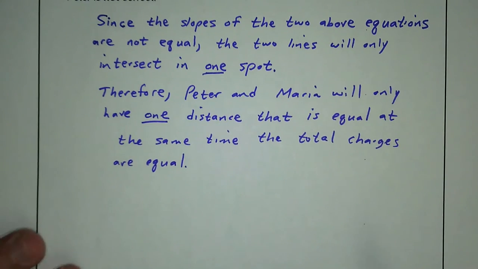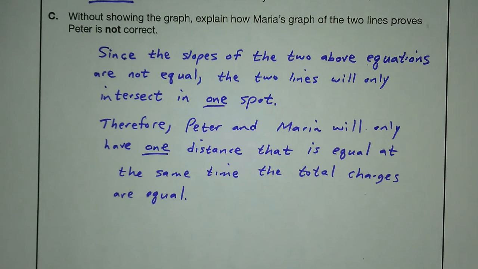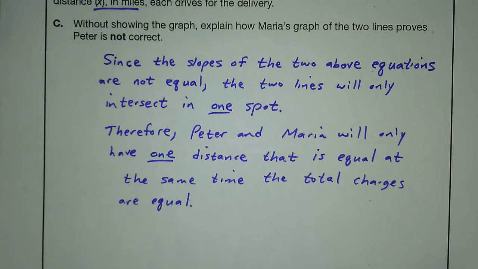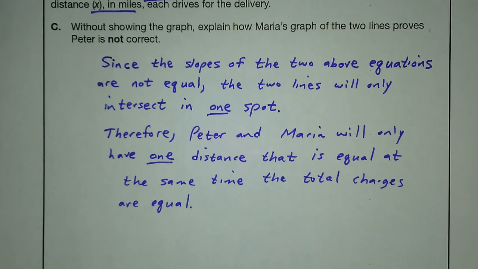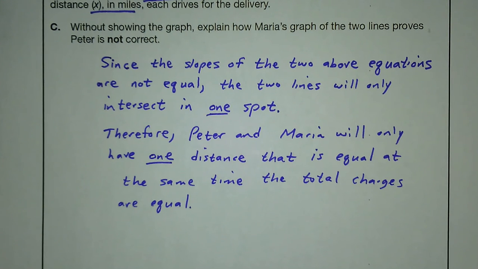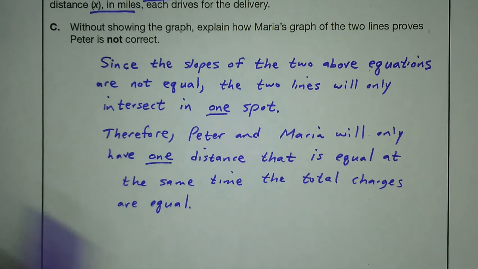So again, something like that, where you talk about how the two lines are only going to intersect in one spot, which means Maria and Peter will only have one combination. That's a good word to use, combination. They'll only have one combination of miles and total charge in common.